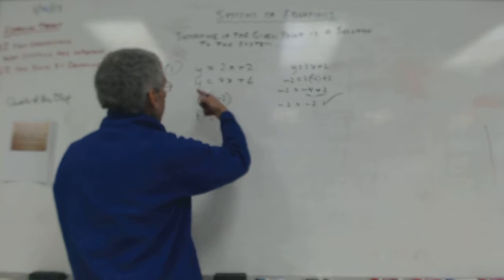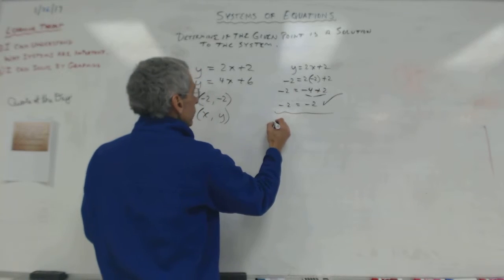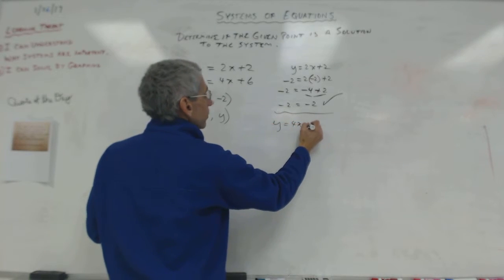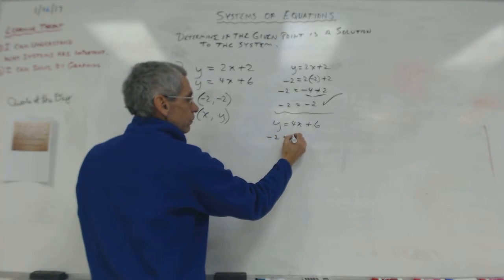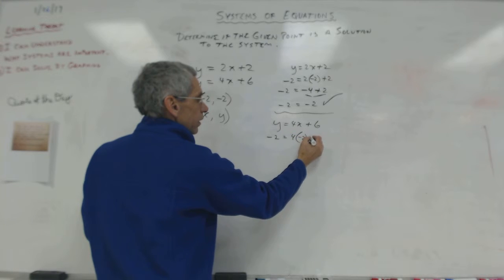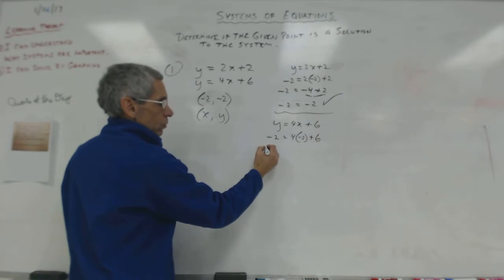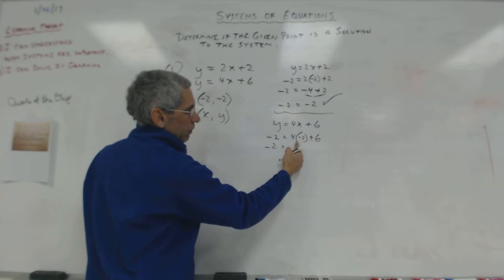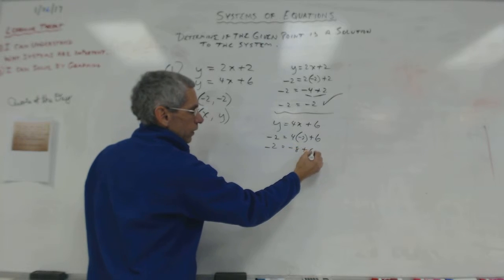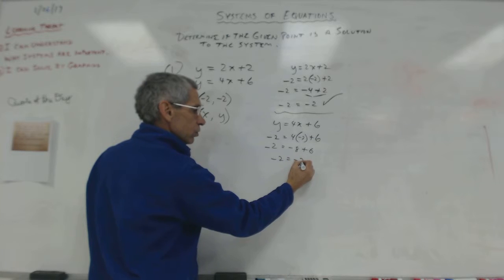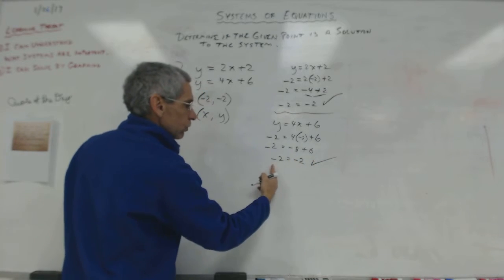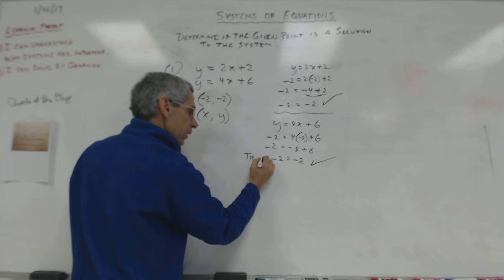So now I got to try it with the other equation, right? So we got y is equal to 4x plus 6. And it says that -2 is y, is equal to 4 times -2 as x, plus 6. So -2 is equal to -8 plus 6. -8 plus 6, that's -2. Oh, -2 equals -2. So yes, it's true again. Therefore, it checks.